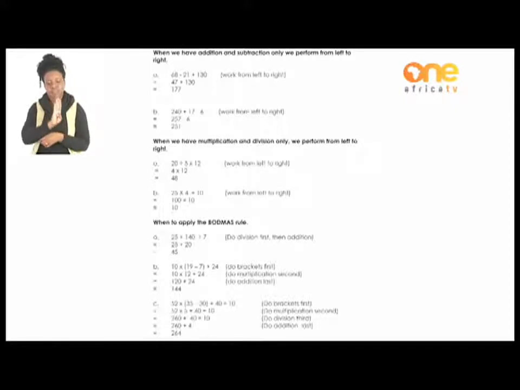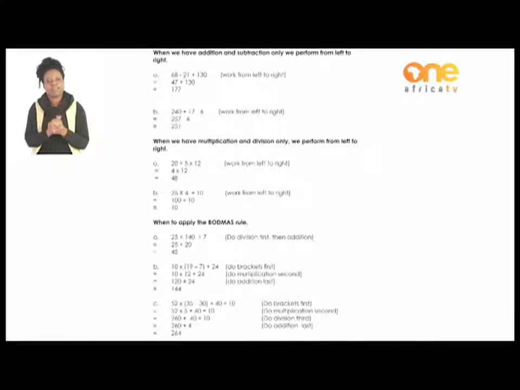Let's try example B. 240 plus 17 minus 6. In this example we will see the plus is before the minus. Remember what we said, they are like brother and sister. The one that comes first, that one we do first, working from left to right.